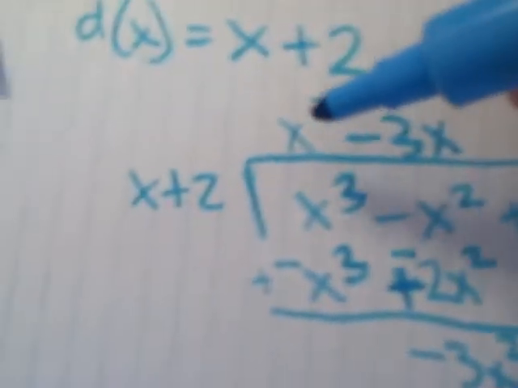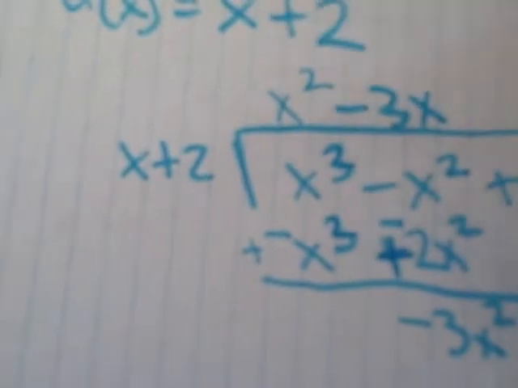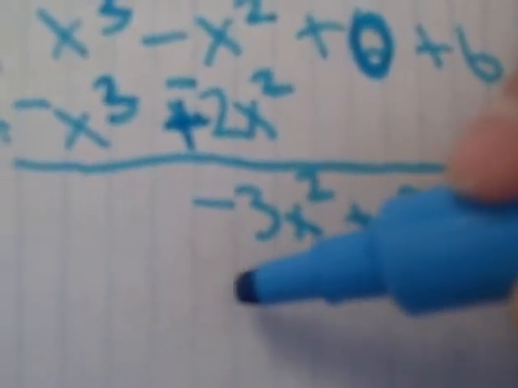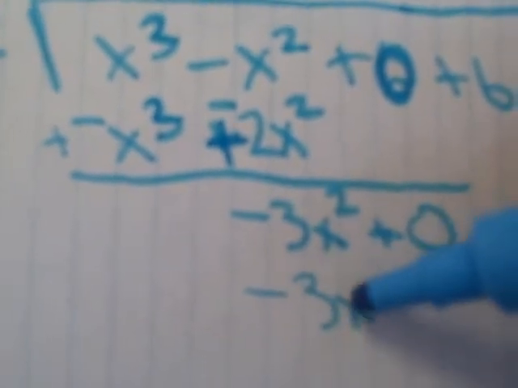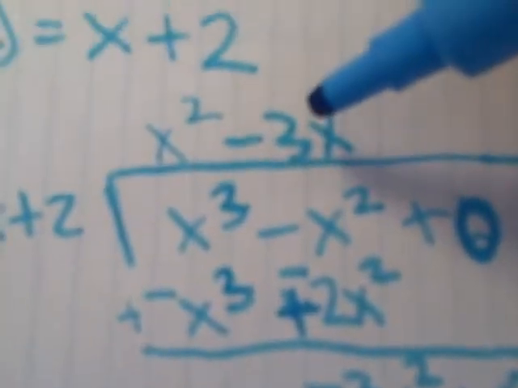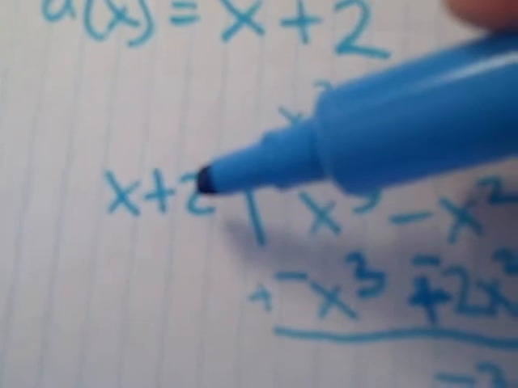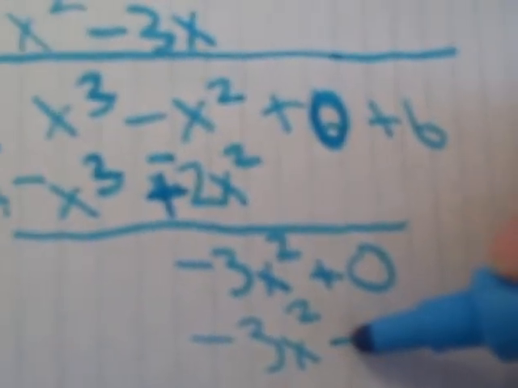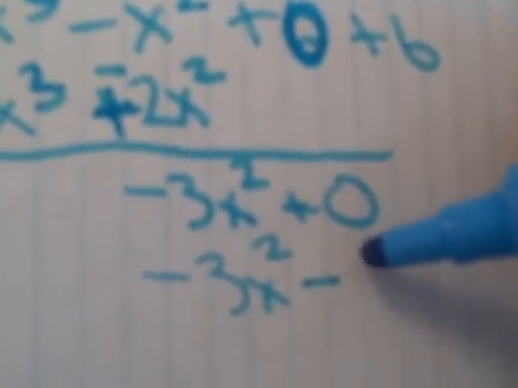So negative 3x times x would equal a negative 3x squared. The negative 3x times the positive 2 would give you a negative 6x.